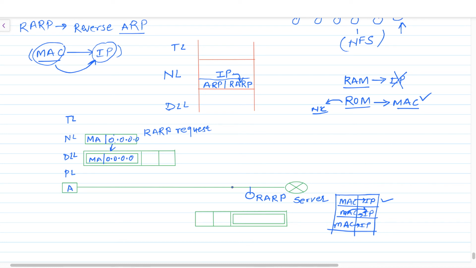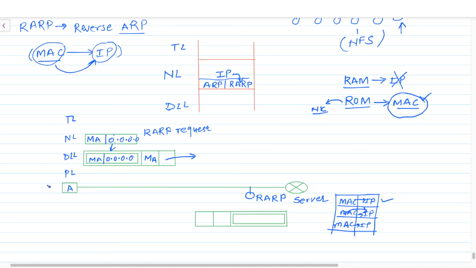to the RARP server. Before forwarding this packet, it is going to mention the source MAC address, that is MA, and the MAC address of the destination is, again, it does not know anything else. It is only knowing its MAC address. That's it.